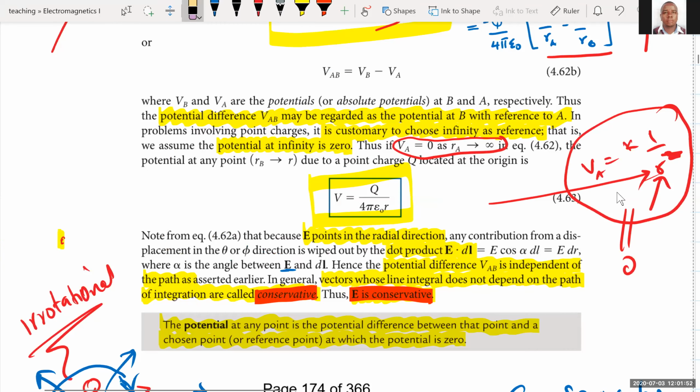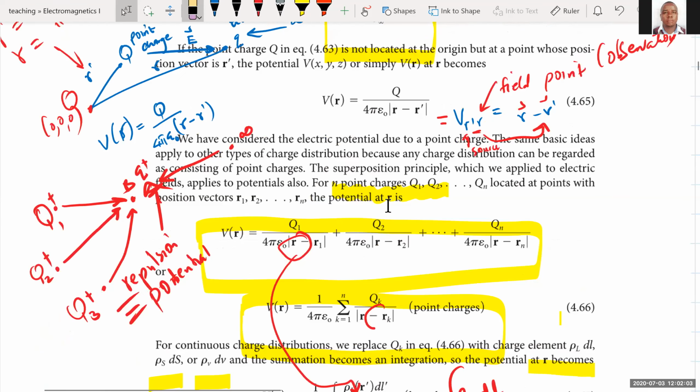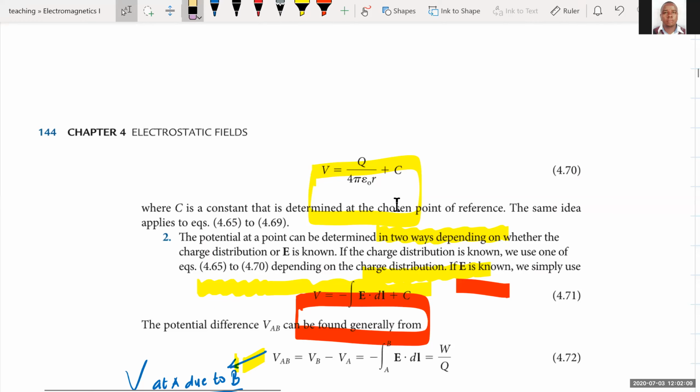So this is my equation 463, and we are saying that we have assumed that the reference point is infinity. If it is not infinity and we wanted to integrate, that equation will have a constant C, where the constant is chosen to be the potential at the reference point.